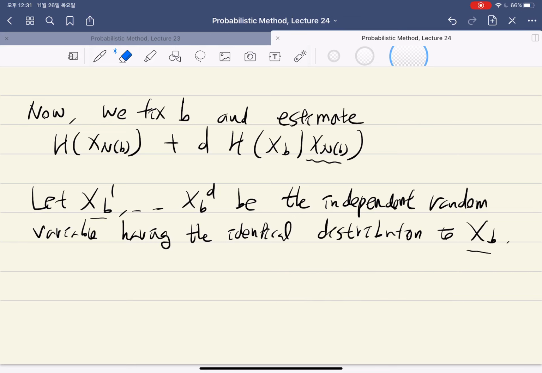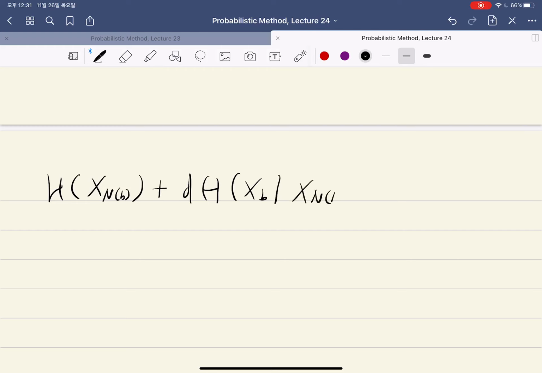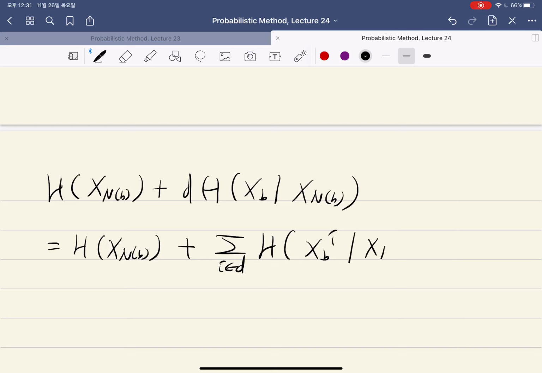So that's the setup. You consider such a distribution, then the entropy of X_B plus D times the conditional entropy of X_B conditioning on its neighborhood is nothing but this, because each of X_B and each of these has the identical distribution.